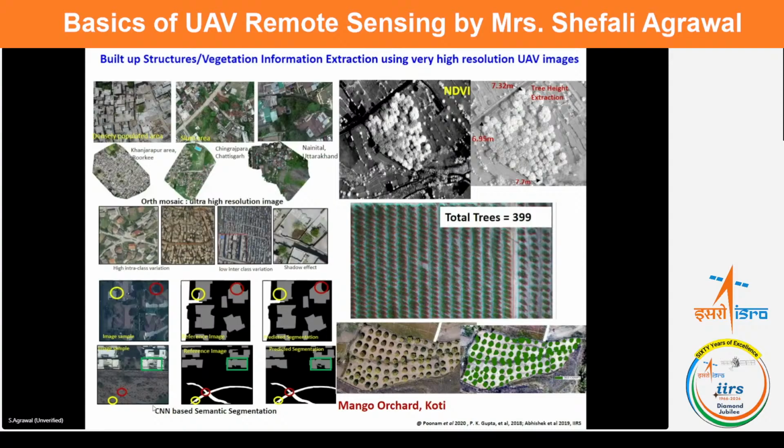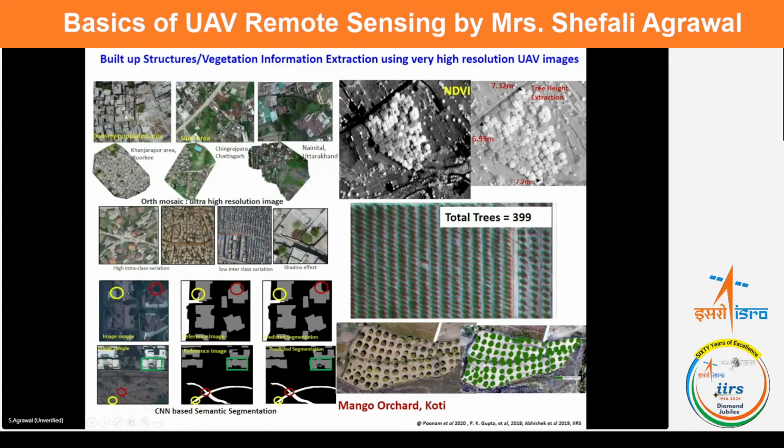The data sets are of such high, precise resolution that you can do information extraction, in which you can extract each building and tree. You can count the number of buildings, you can count the number of trees. This is one example in different kinds of populated regions of the city.